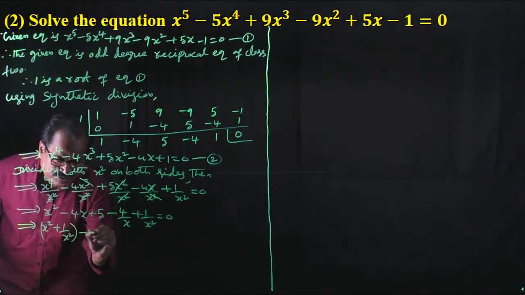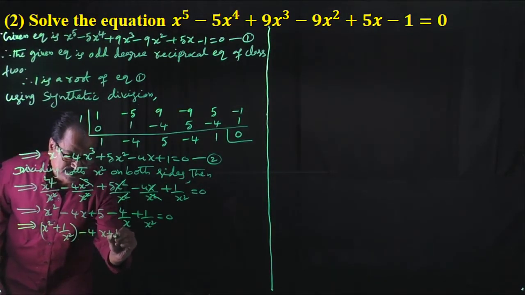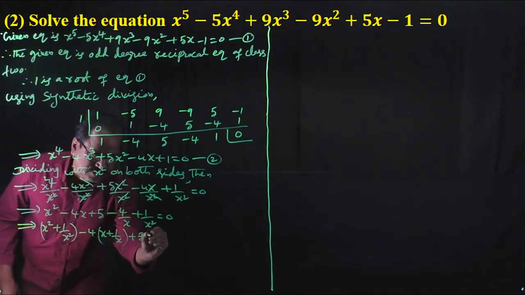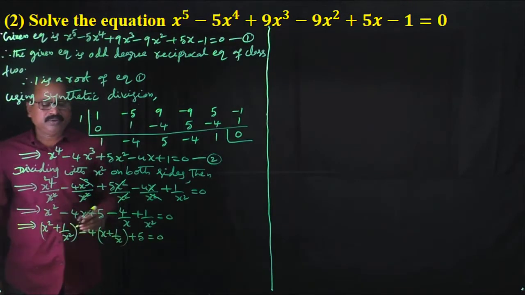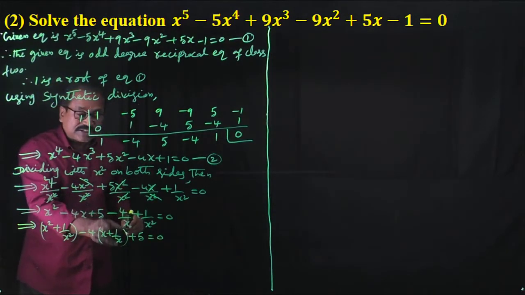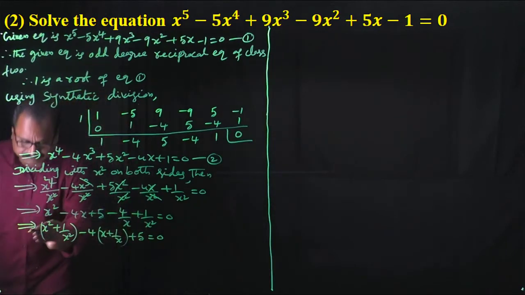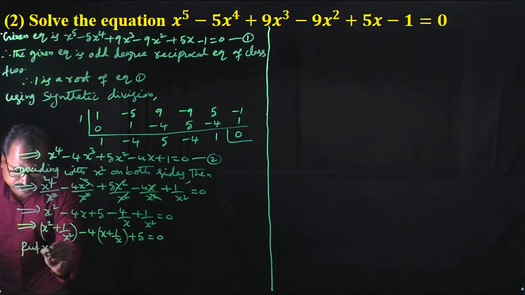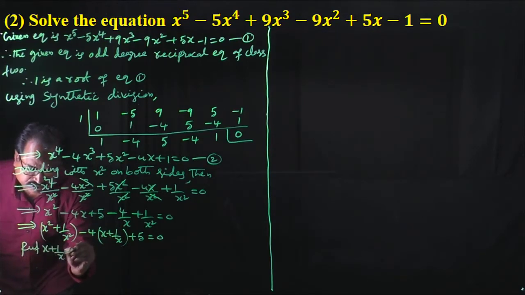So here minus 4 is a common factor. Minus 4 into x plus 1 by x plus 5 is equal to 0. Here put x plus 1 by x is equal to t.